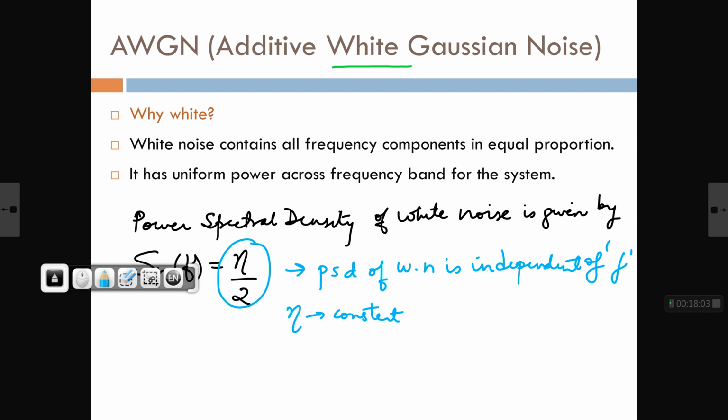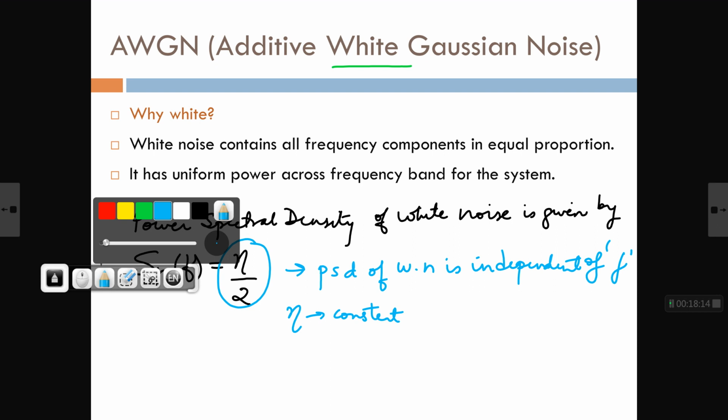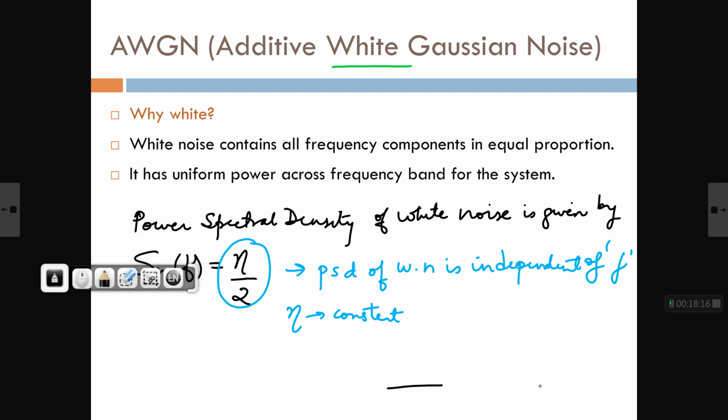So what you can say is that the PDF is uniform over the entire range of frequencies, including positive and negative. So if I would like to draw the power spectral density of white Gaussian noise, it is the plot of power, in this case the noise power, as a function of frequency.